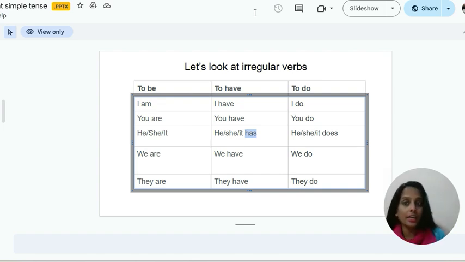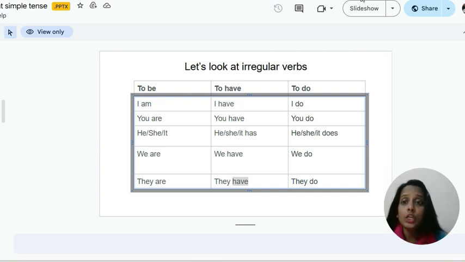She has a bike. And for we, plural, we use have when talking about yourself and others. So we have a project, we have tasks to complete. And they also, it's have. So for they, we usually use have when talking about multiple people or things.